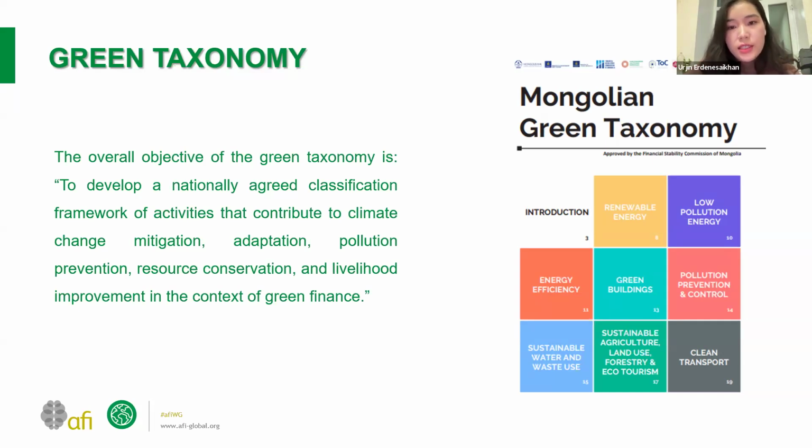The activities identified in this version of the taxonomy will be reviewed every 3 to 5 years following policy shifts, scientific developments, technological change, and new industry needs in the green finance space. Next slide, please.